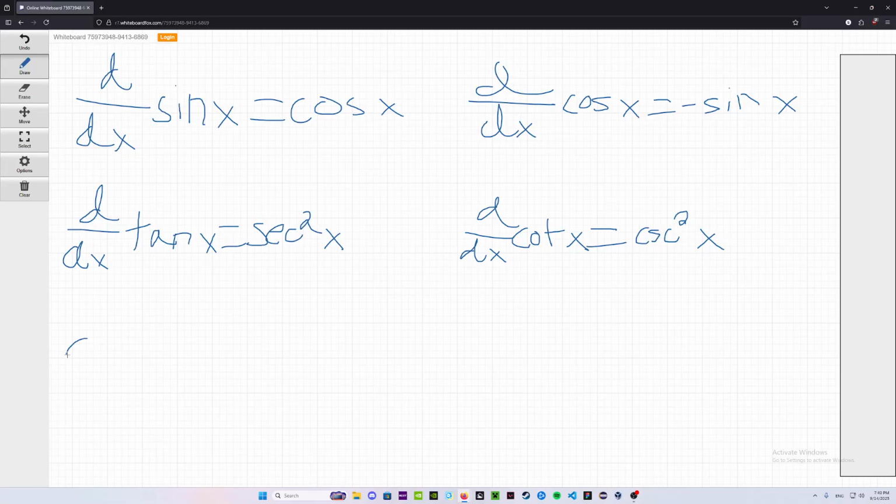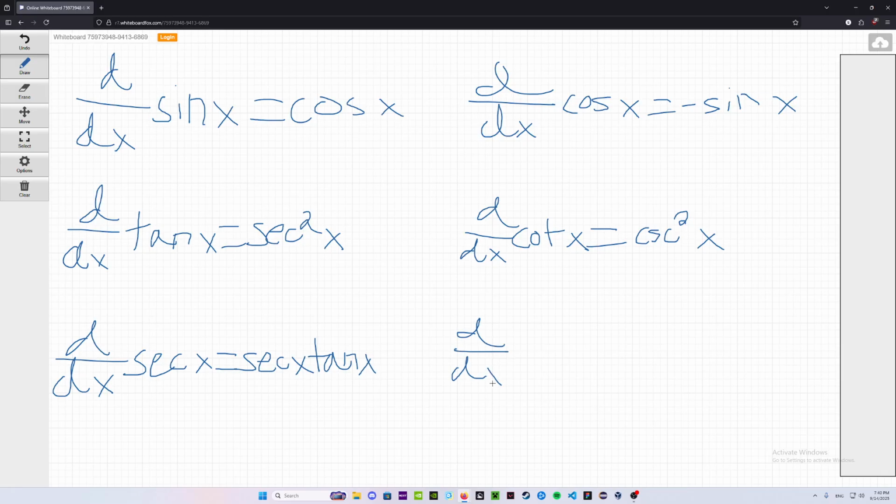Then the derivative of secant x is going to equal secant x tan x. And the derivative of cosecant x is going to equal negative cosecant x times cotangent x.